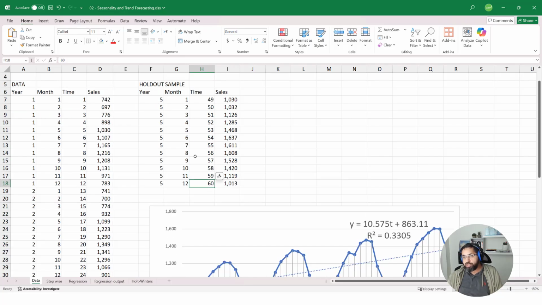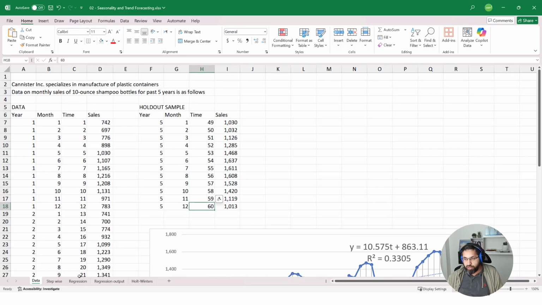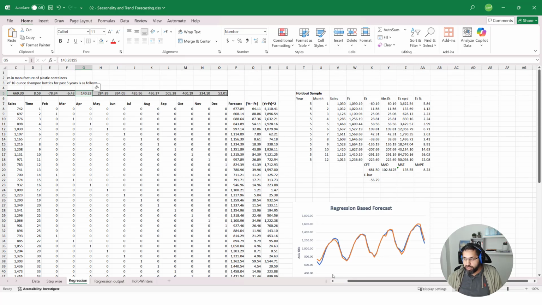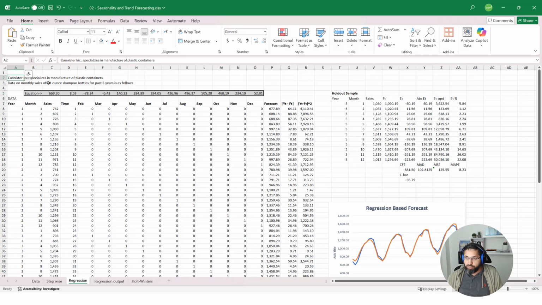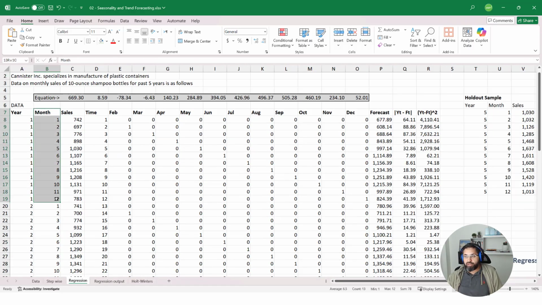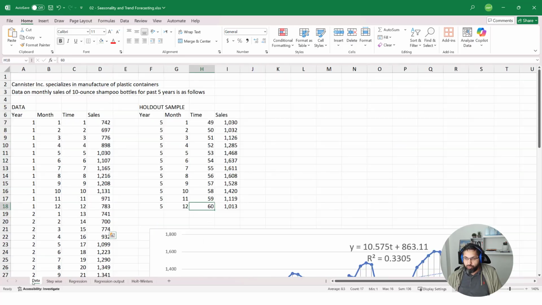Okay, so how do we do this in Excel? With regression, this is the same data, monthly sales of 10-ounce shampoo bottles, and we have the month and the sales. So we create the time variable like before, which keeps going up. It doesn't wrap around after 12. It goes to 13, not 1.